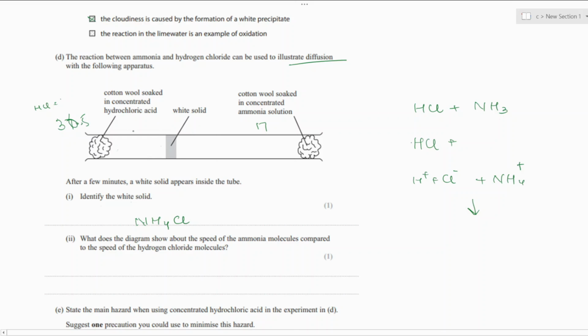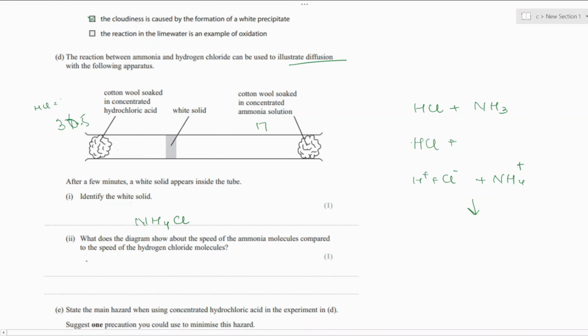So which is heavier? Hydrochloric acid. So which would travel more, the lighter thing or the heavier? The lighter. So we will say because ammonia has a lesser molecular mass or being a smaller molecule, it would diffuse faster as compared to hydrogen chloride.